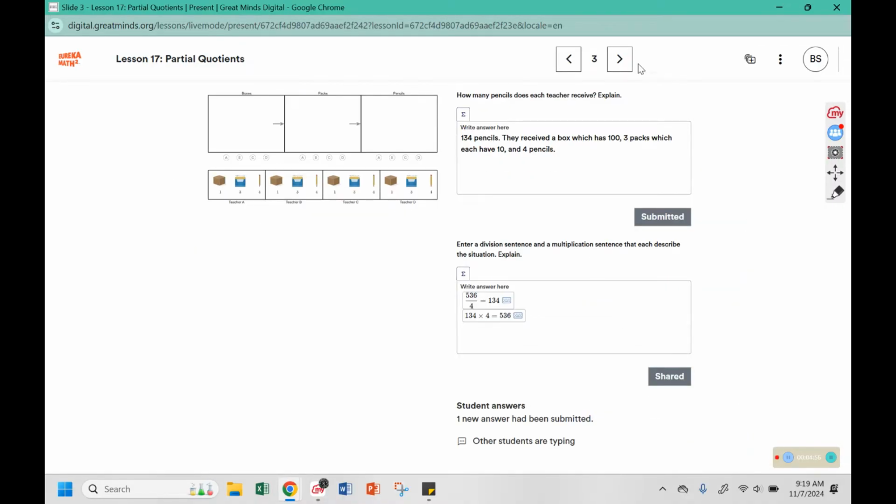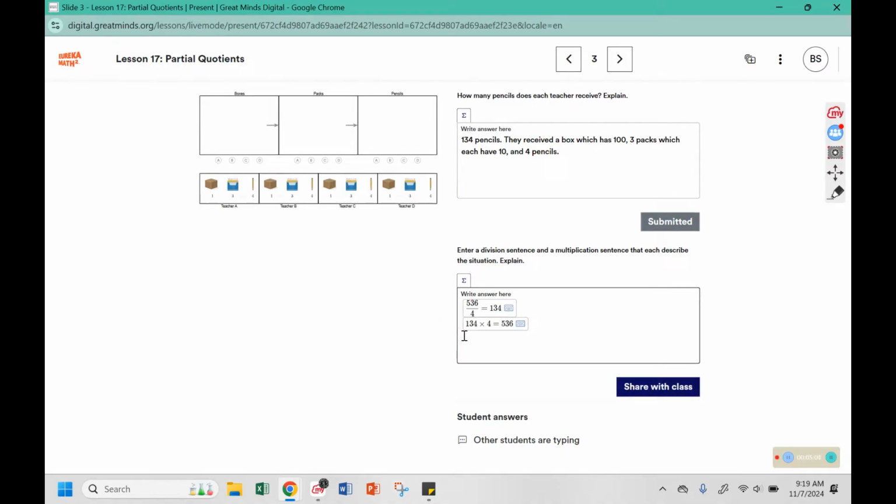And we need to explain. The first one is showing the total pencils split amongst the 4 teachers. The second one shows how much each teacher got multiplied by the 4 teachers to give us the total number of pencils.